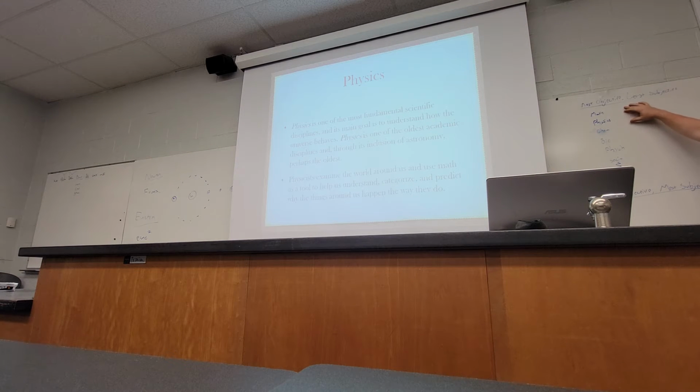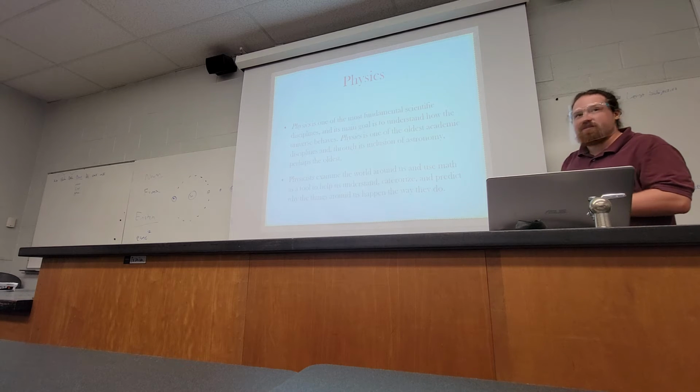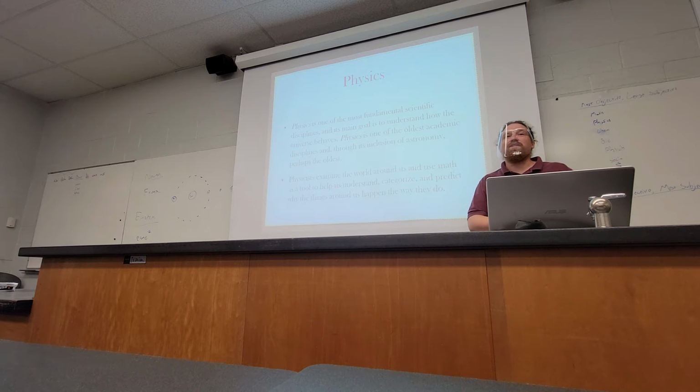And I want to try to make sure my explanations don't require you to be a physicist in order to understand them. Additionally, I want to go ahead and say physics is not perfect, because physics was invented by humans.